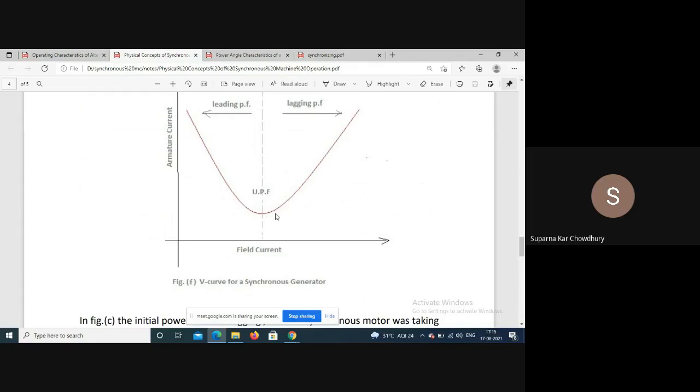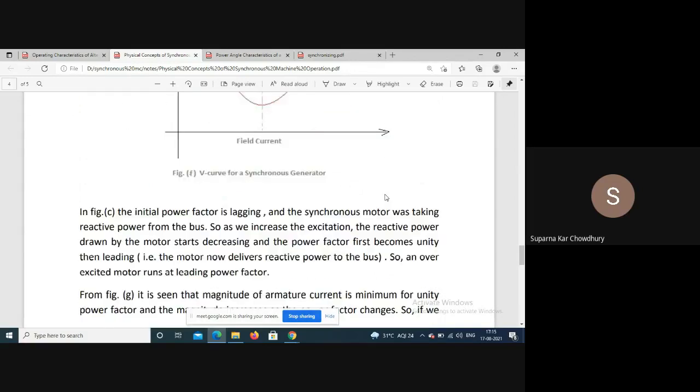As we increase the field current, the armature current increases; if we decrease the field current, the armature current also increases. This is for alternator. For higher field current we will have lagging power factor, for lower current we will have leading power factor. Now this curve looks like a V, so this is called the V curve.